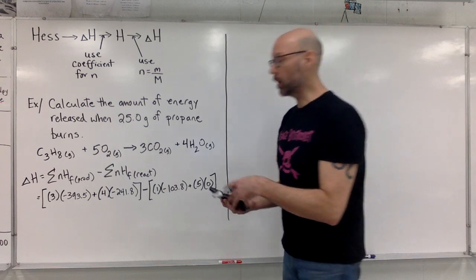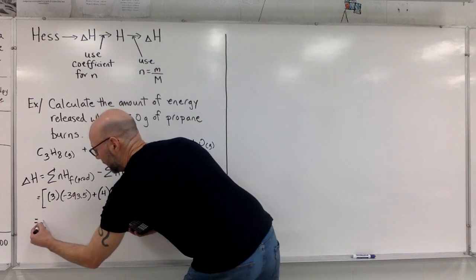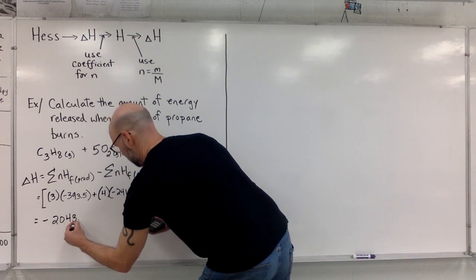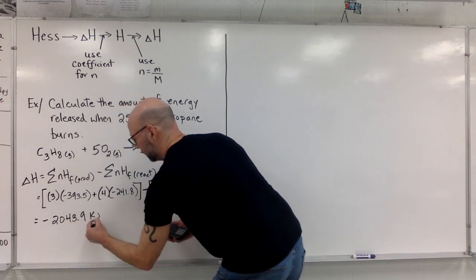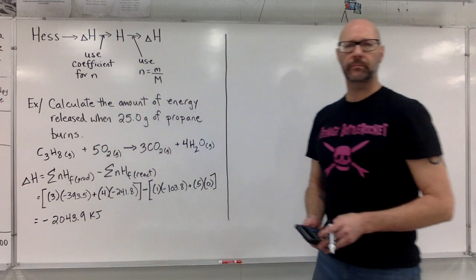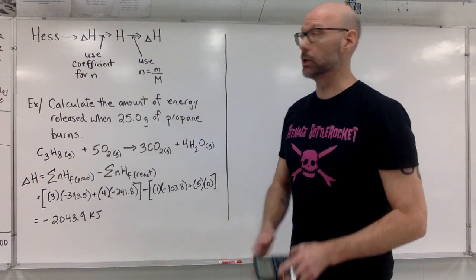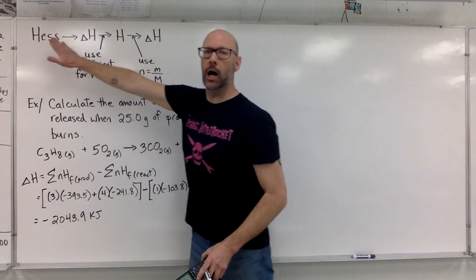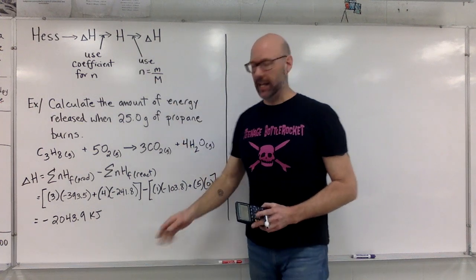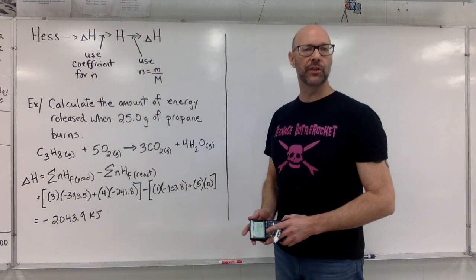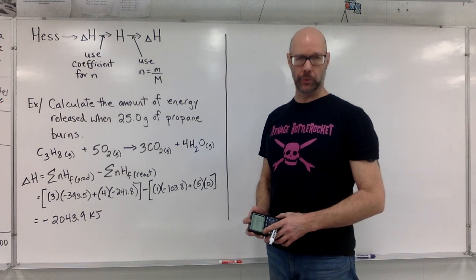And I got negative 2043.9 kilojoules. That was our first step in this multi-step equation. We did Hess's law to find the delta H of this balanced chemical reaction, and we have negative 2043.9 kilojoules.